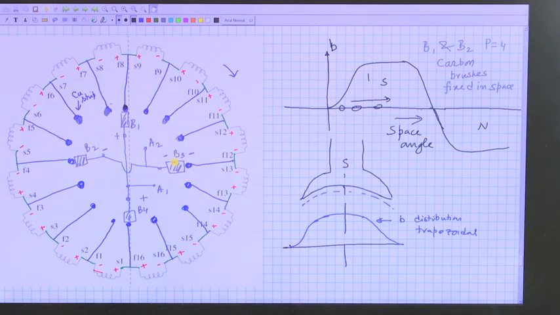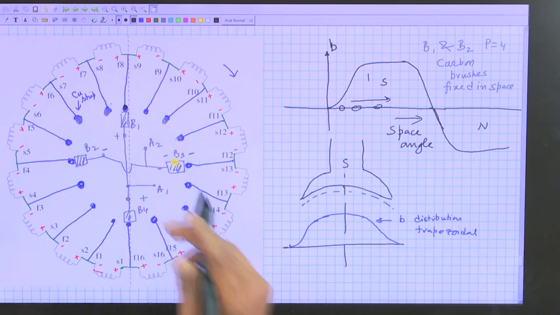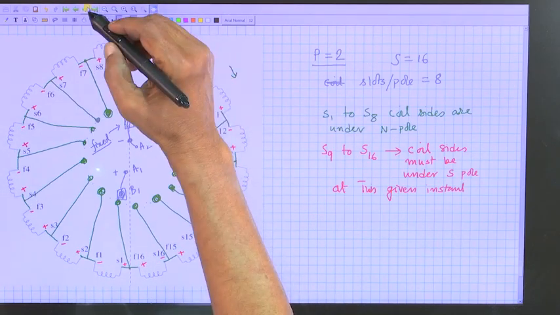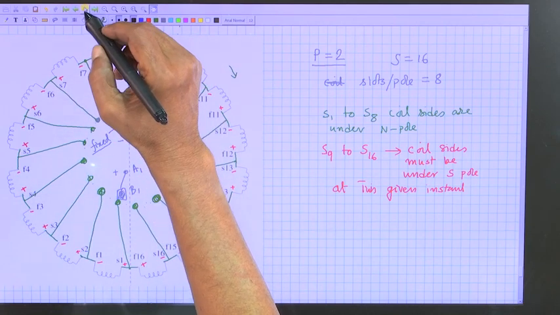And another thing you note: the commutator segments, as I showed later, can be like this.